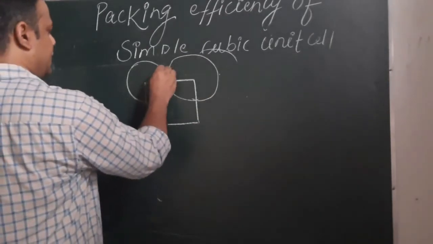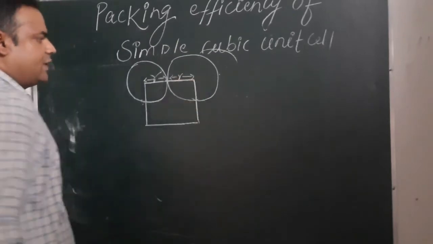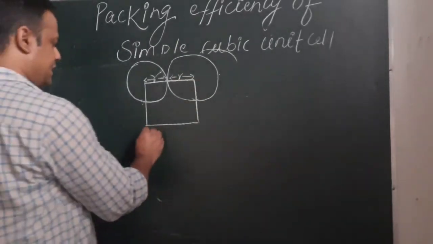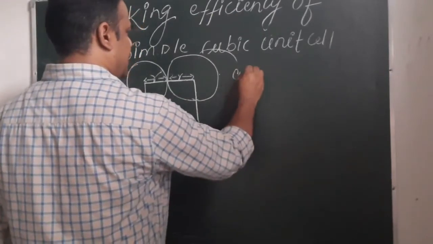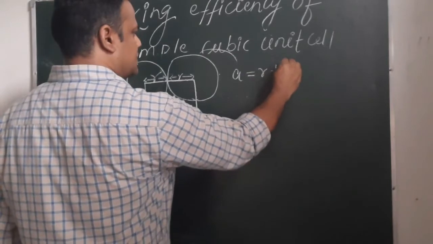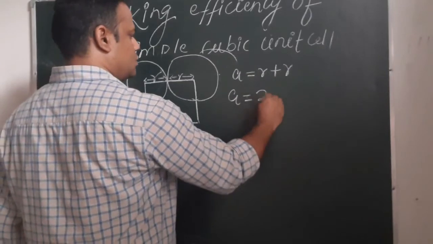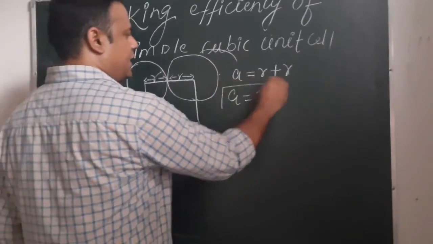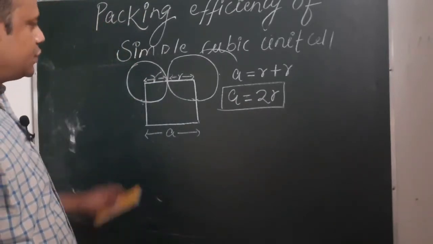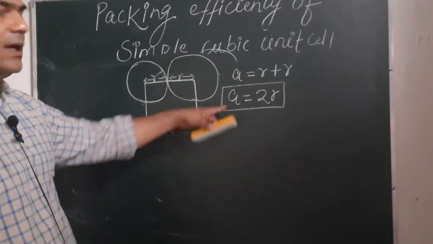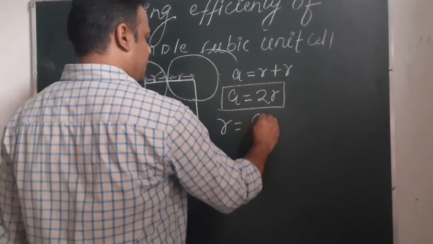This one is the radius of the sphere and this one is also the radius of the sphere. So if this side is A, then A equals R plus R, so A equals 2R. So we have got a relationship between the radius of the sphere and the edge length of the square or cube. So we can write R equals A by 2.